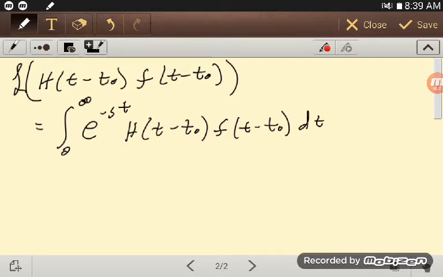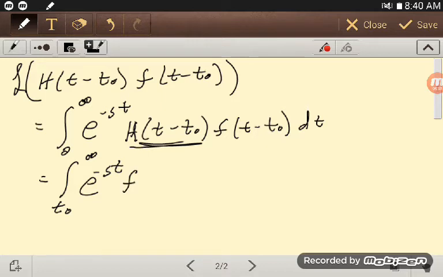Now, since that's the Heaviside function or unit step function, it's 0 until we get to t0, and so I can rewrite this as the integral from t0 to infinity of e to the minus st. But remember, once it hits t0, that function is just 1, so I'm going to drop it out as far as the symbology, because it's just 1. And so that's f of t minus t0 dt.